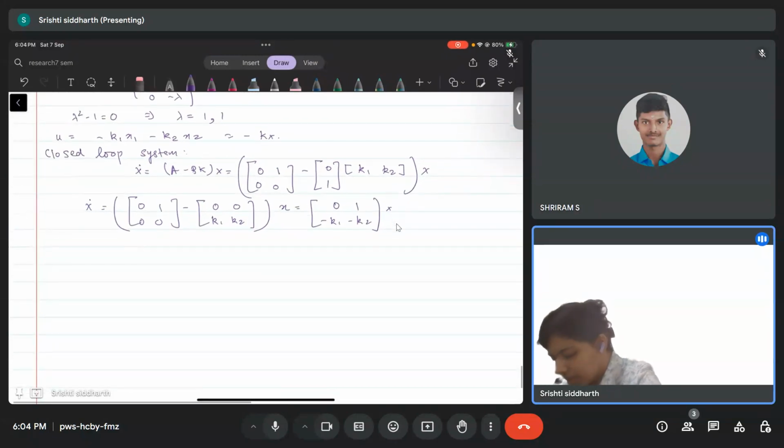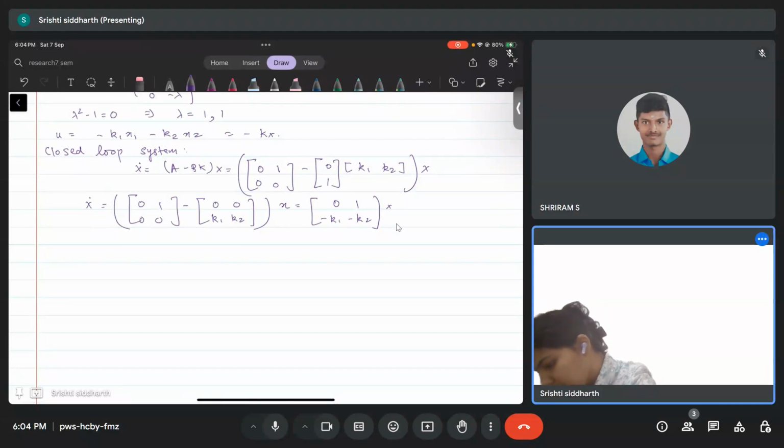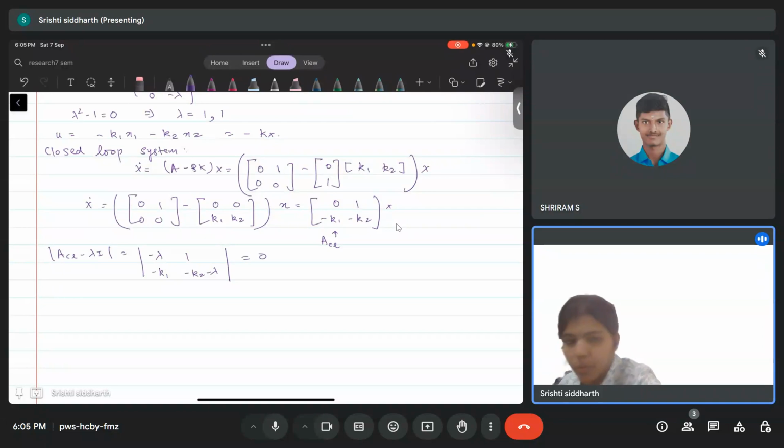So then what's the characteristic equation of the closed loop system? Let's say this is the closed loop matrix ACL. So the determinant of ACL minus lambda I, which is [minus lambda, 1; minus K1, minus K2 minus lambda], should be equal to 0.